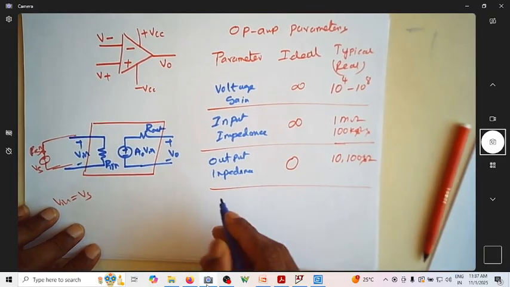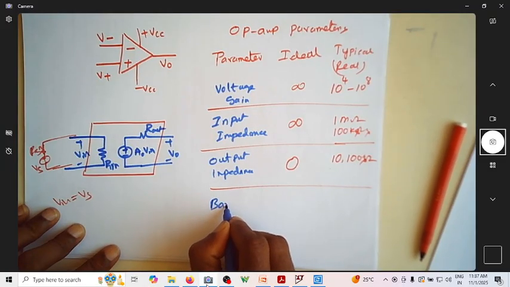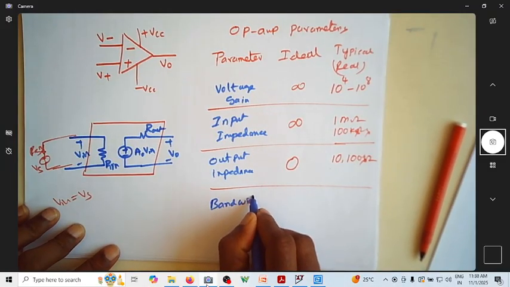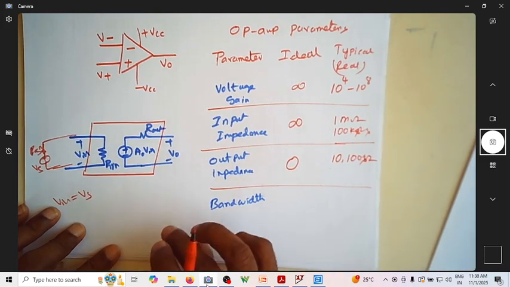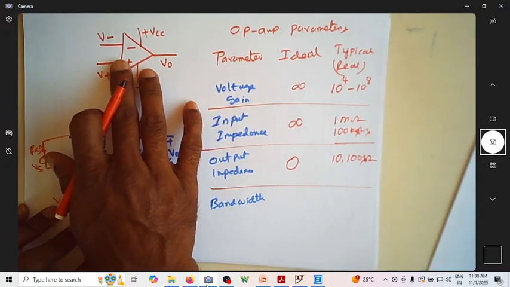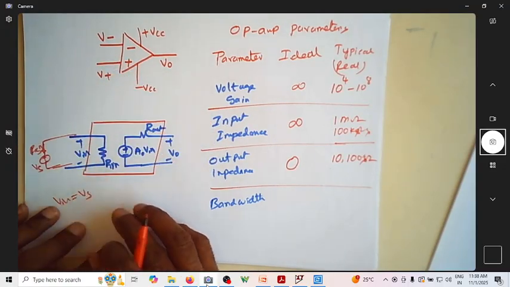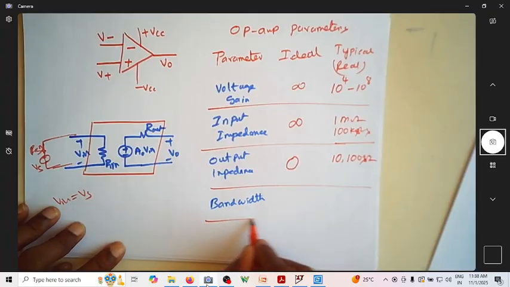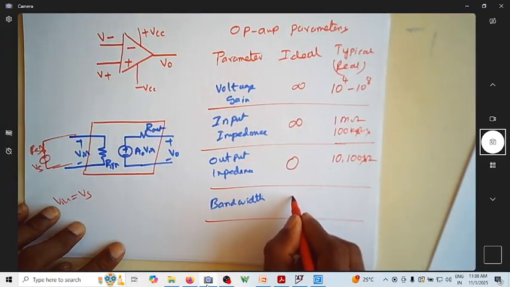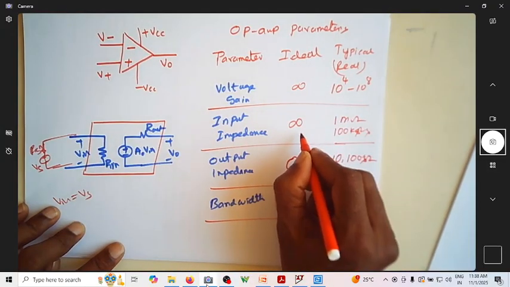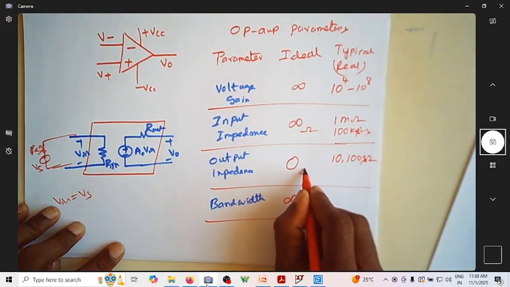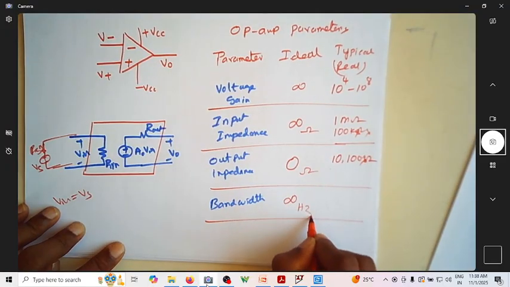Then comes the bandwidth. Bandwidth is the range of frequency over which this amplifier will amplify the signal with the same quantity. Ideally the bandwidth should be infinite. Gain is a ratio, whereas impedance is in ohms and bandwidth is in hertz.